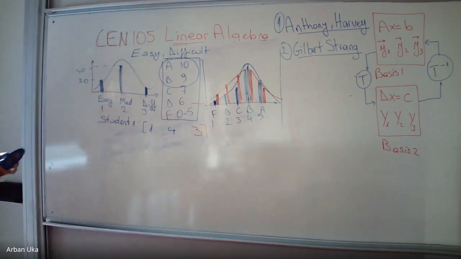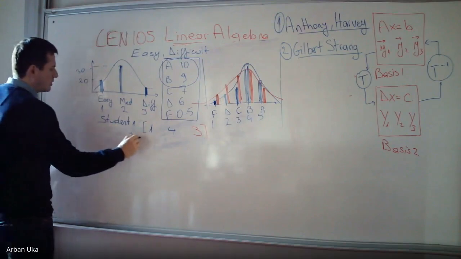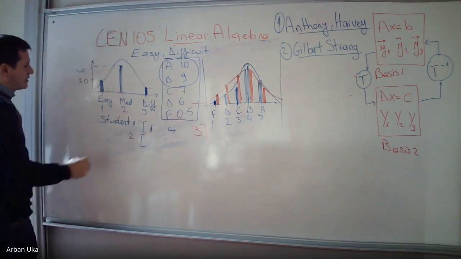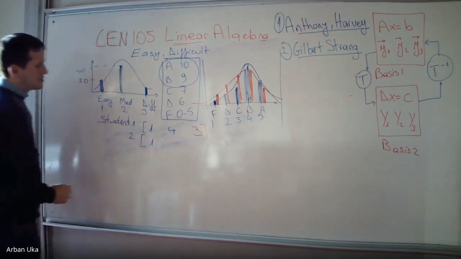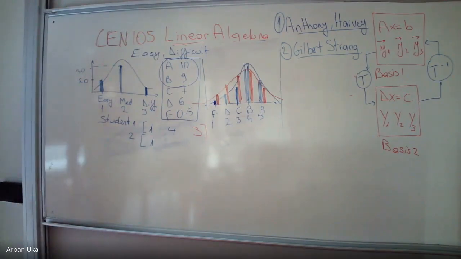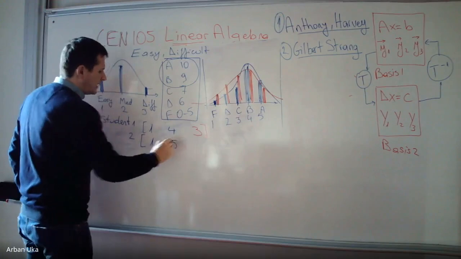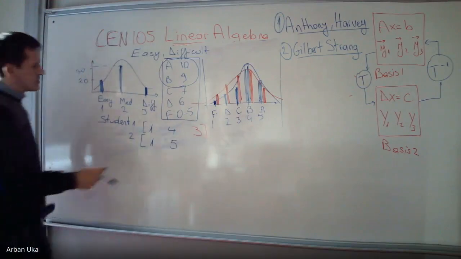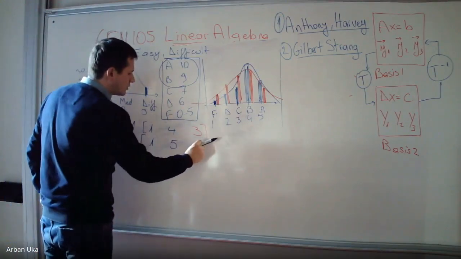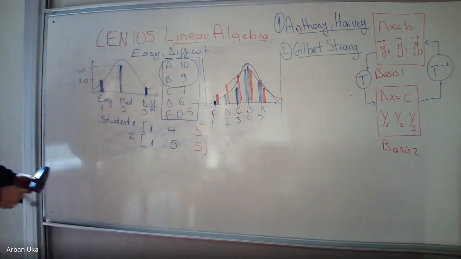Then we can have another student 2 who was expecting that linear algebra is easy, and this student 2 was expecting to get an A, and finally, at the end of the semester, got a 5, also an A.